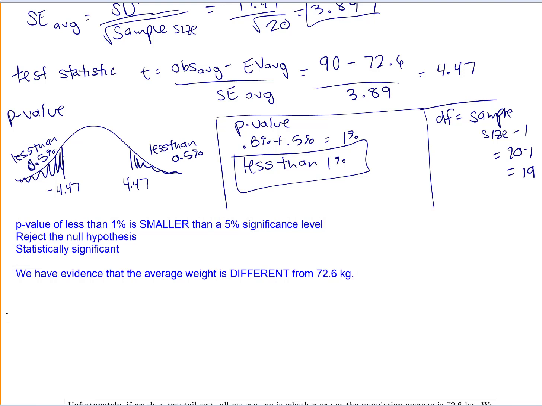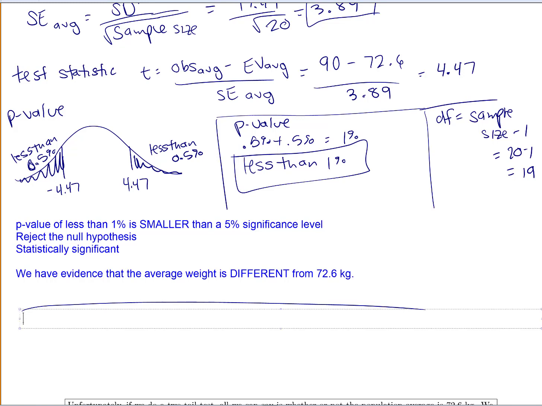Now let's do a little side note. I've added it to your notes, it's just not on here. The question is, would your results still be valid if I told you the data was not normal?